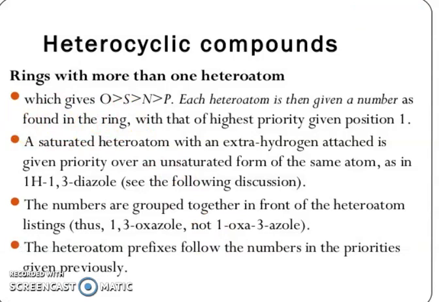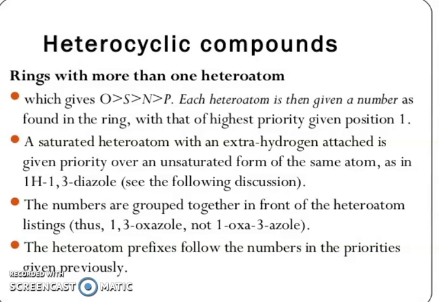Each heteroatom is given a number in the ring, with that of highest priority given the lowest number. A saturated heteroatom with an extra hydrogen attached is given priority over the unsaturated form of the same atom, as in 1H-1,3-diazole. Numbers are grouped together in front of the heteroatom listing, like 1,3-oxazole, not 1-oxa-3-aza.